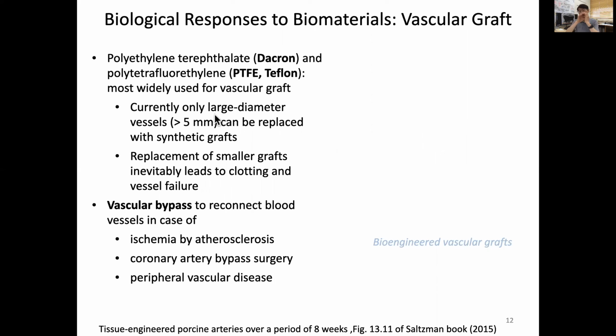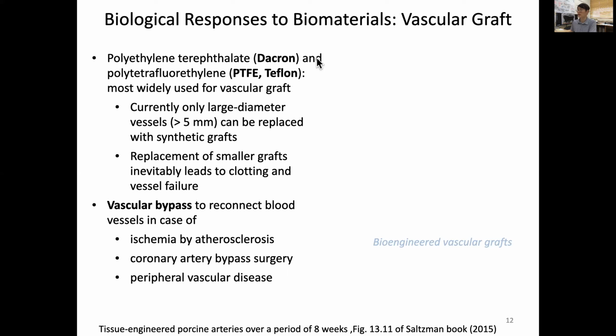Currently, only large diameter vessels can be replaced with these synthetic grafts, because smaller grafts inevitably lead to clotting and vessel failure. This is still a major issue which hasn't been resolved yet.